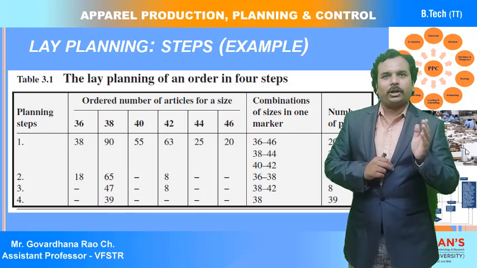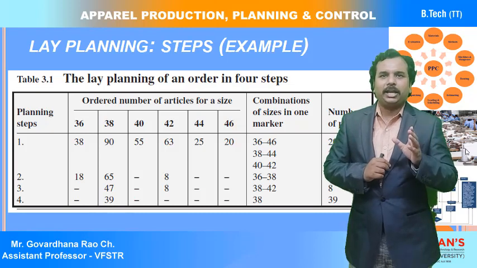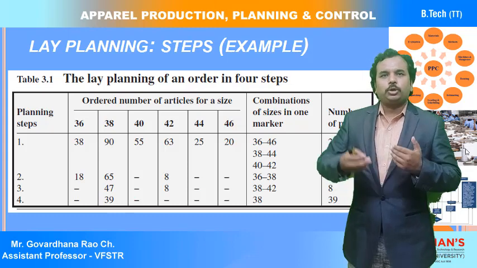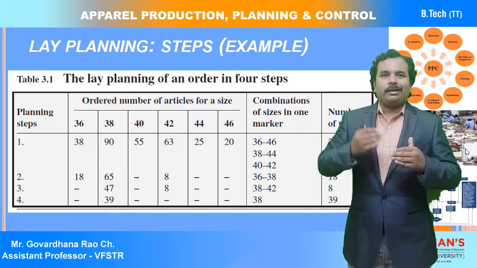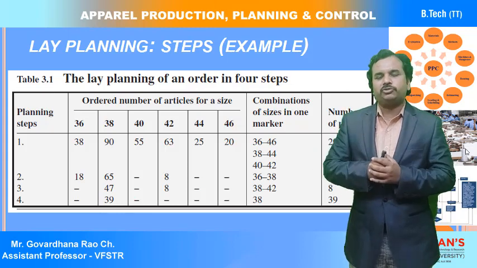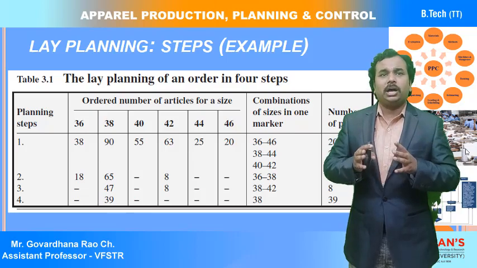Now 36 and 38 sizes are clubbing together, and we are producing like that. So you can see that by 4 different steps we are going to complete all the ordered quantities.